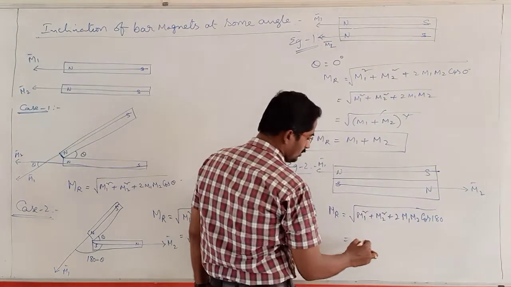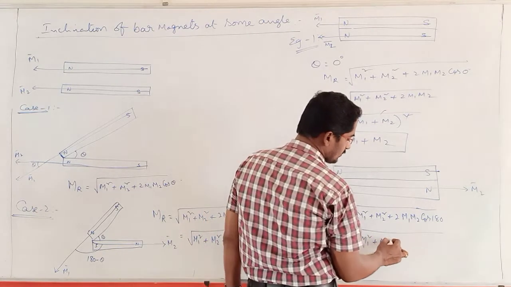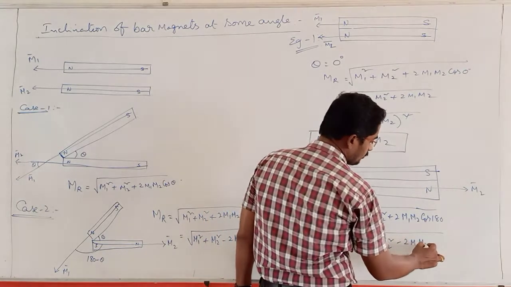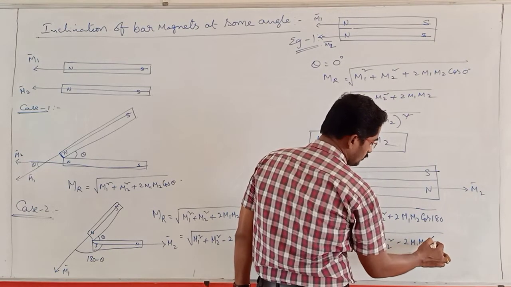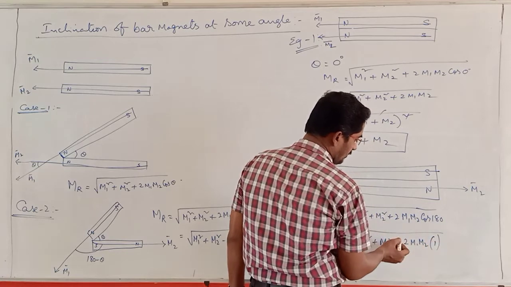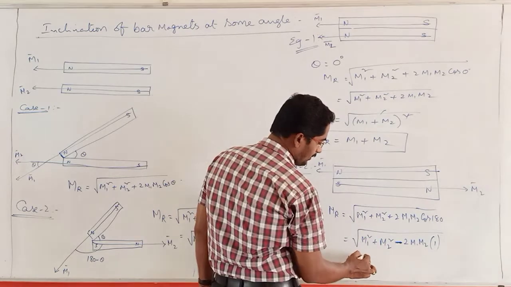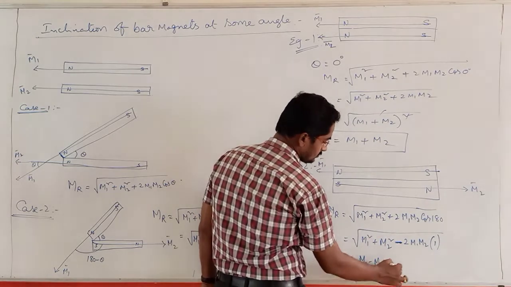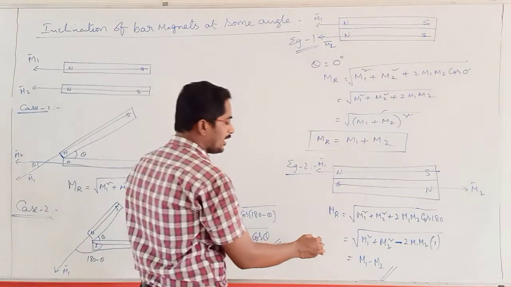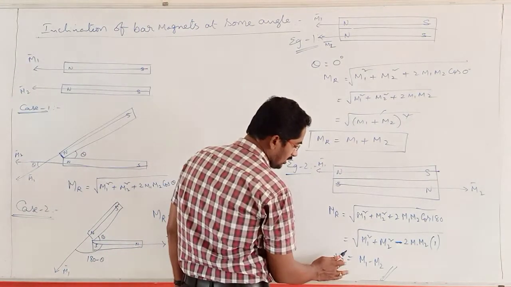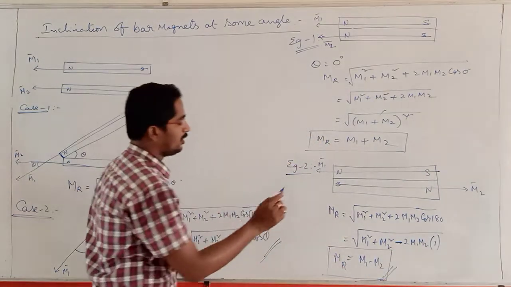Cos 180 means minus 1. So finally the answer is m1 minus m2. That is the resultant magnetic moment when unlike poles are in contact.